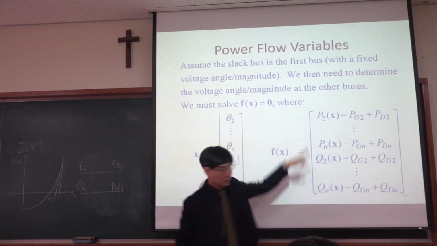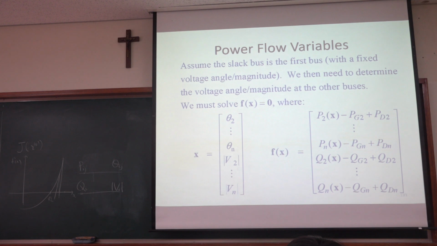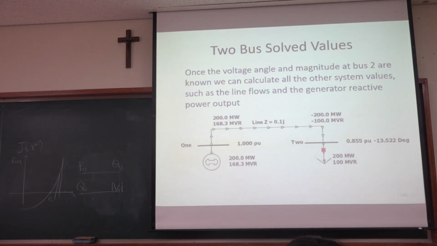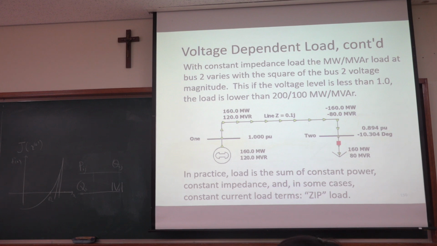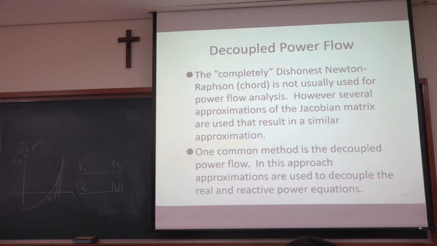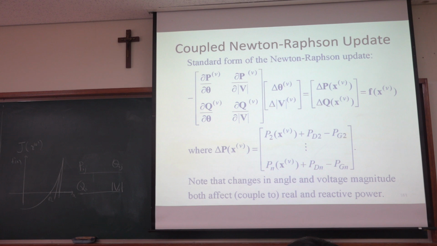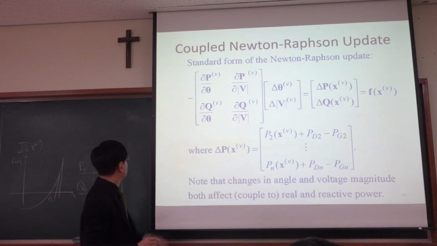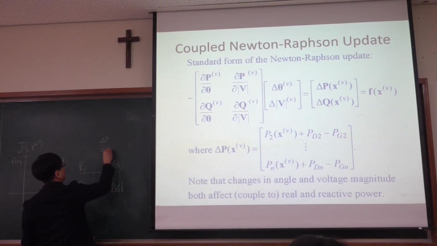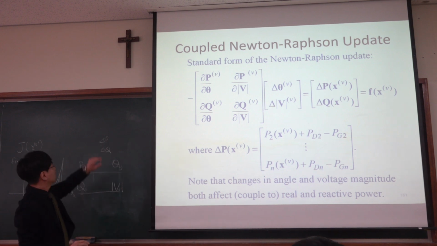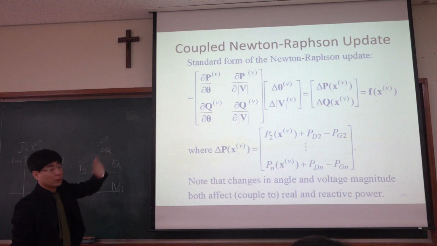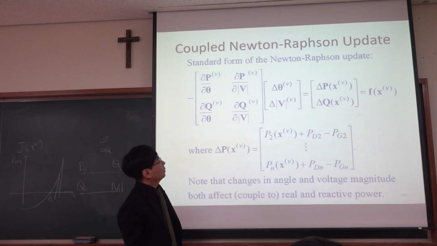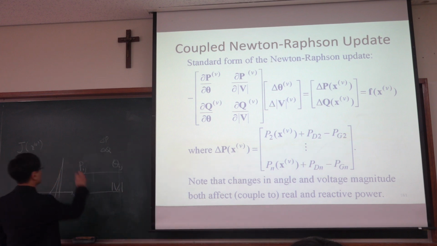Active power and reactive power, that was our previous notation. The new notation is delta P and delta Q, but in the previous notation we didn't have this delta term. So Q or delta Q, they are the same. Don't be confused. Also, in the previous notation we explicitly used P_i for each bus.